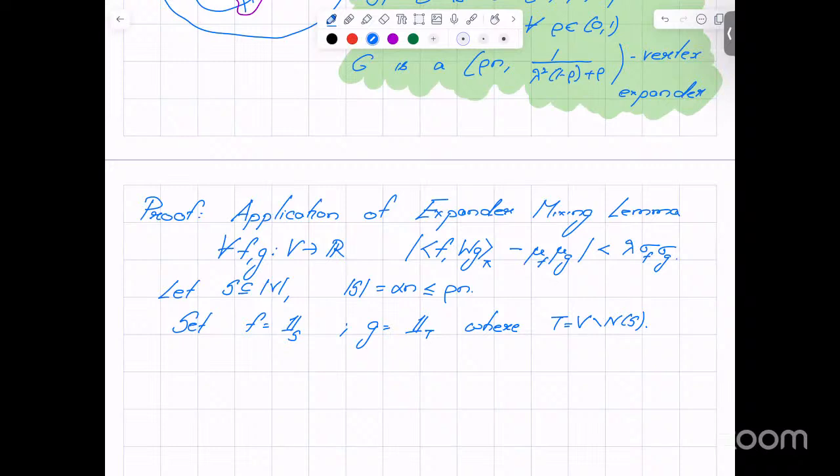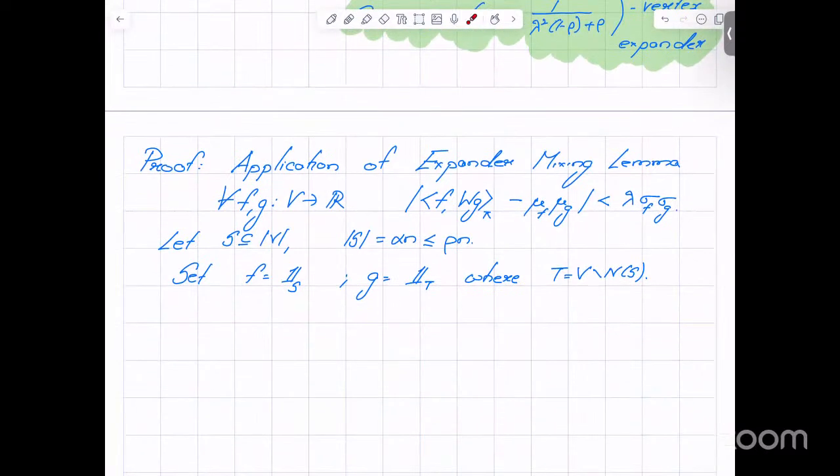Then this quantity we are looking at is the probability of a random edge having one endpoint in S and one in T. It's going to be 0, since the neighborhood of S intersection T is empty.